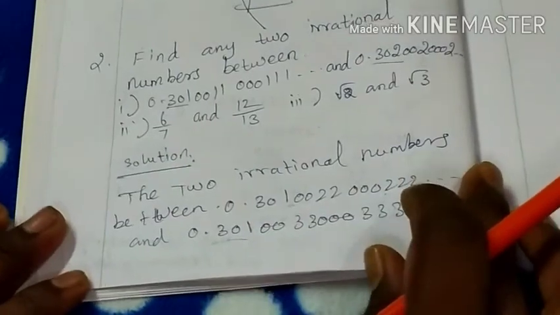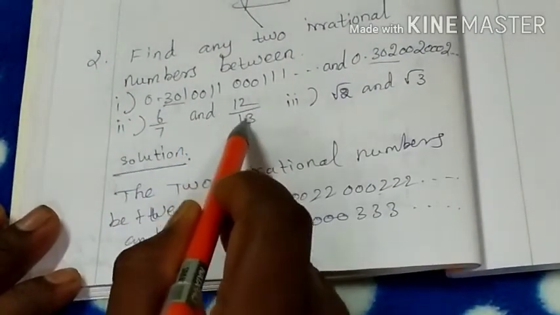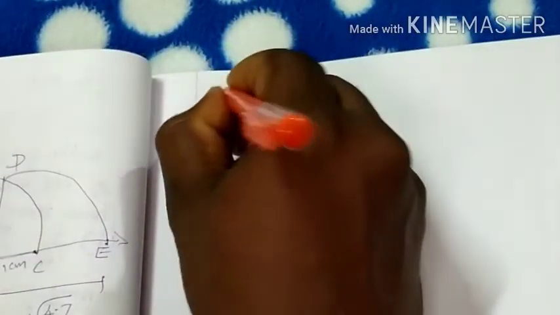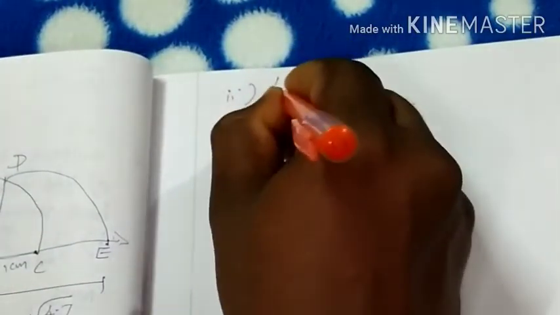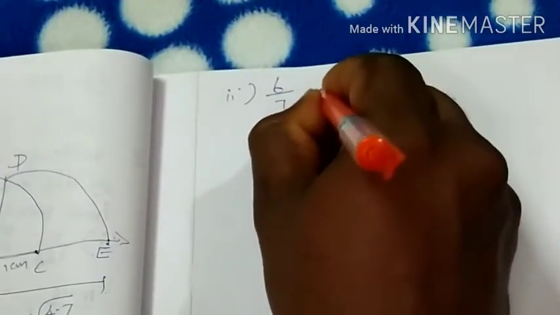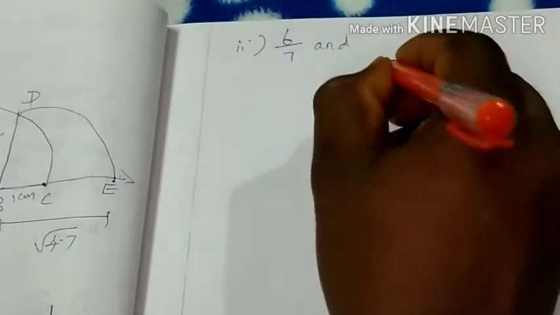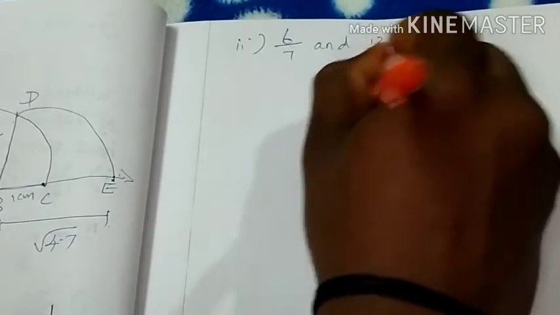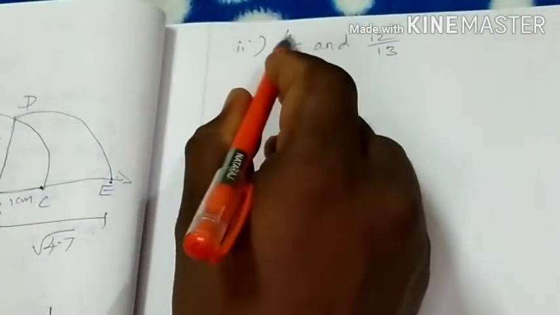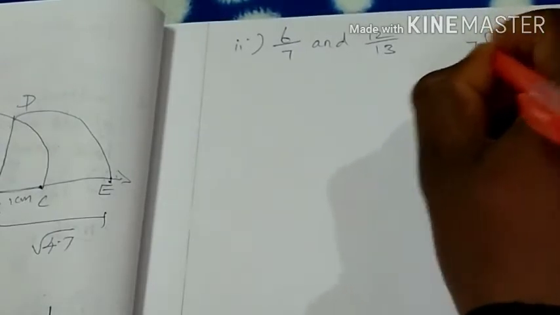Then the second question, 6 by 7 and 12 by 13. First find the decimal for 6 by 7, that is 6 divided by 7.